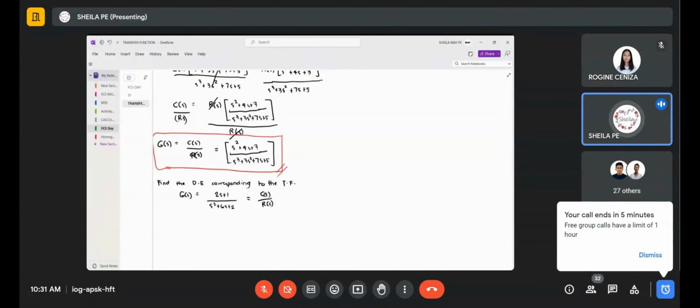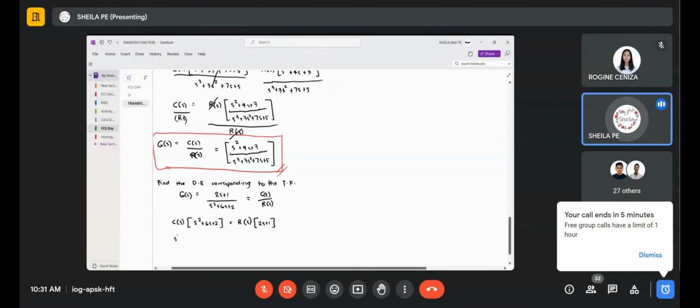Now, cross multiplying, we have C(s) times s squared plus 6s plus 2 equal to R(s) times 2s plus 1.